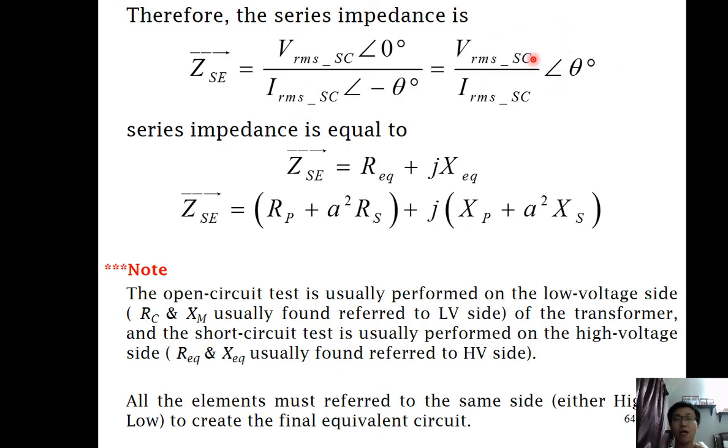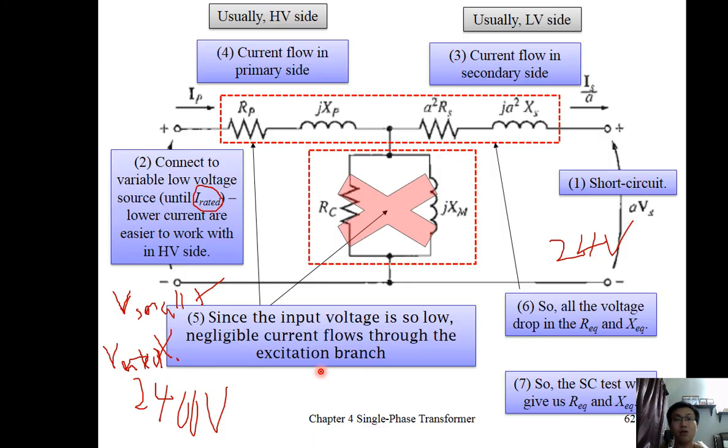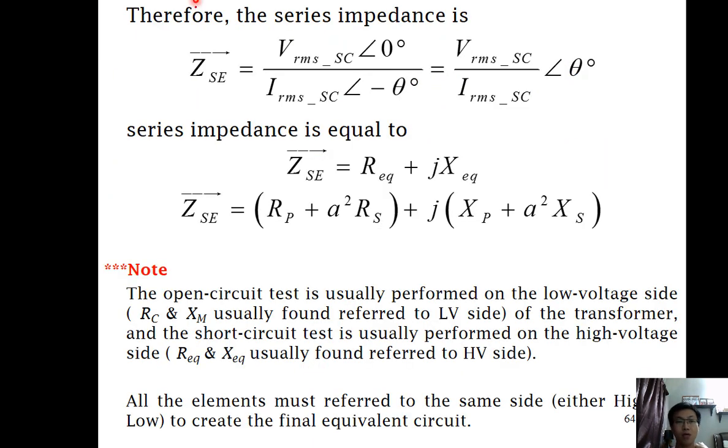You see just now Y_E also is in polar form like this. Z_E also is put in polar form. Then we equate into rectangular form. Then we get our R equivalent and X equivalent, either in the primary side or in the secondary side.